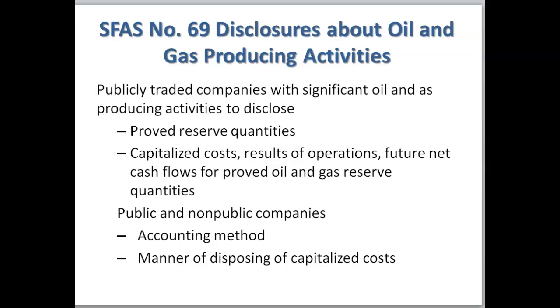For public and non-public companies, you're going to have to disclose the accounting method that you've chosen, successful efforts or full cost, and the manner of disposing of those capitalized costs.